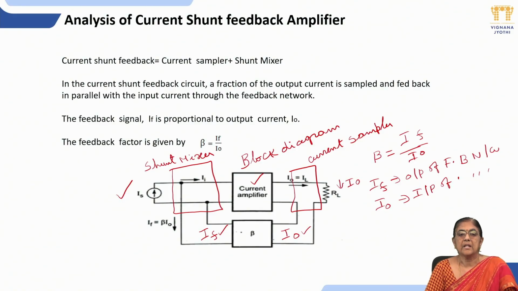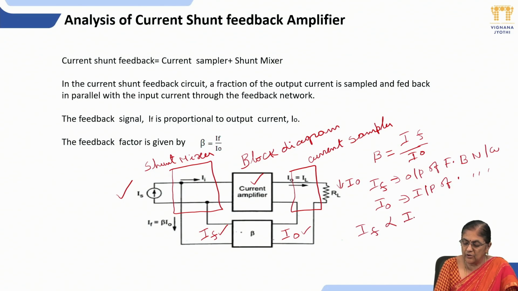In current shunt feedback circuit, a fraction of the output current is sampled and fed back in parallel with the input current through the feedback network. Therefore, the feedback signal IF is proportional to I0. Feedback factor is IF by I0.